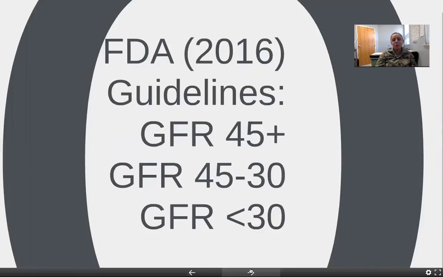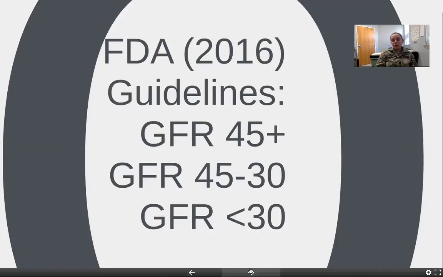guidelines. Basically, you should get a kidney function prior, or GFR, prior to starting metformin. If the GFR is normal to 45, you may start metformin. If the GFR is 45 to 30, it's recommended against starting metformin.